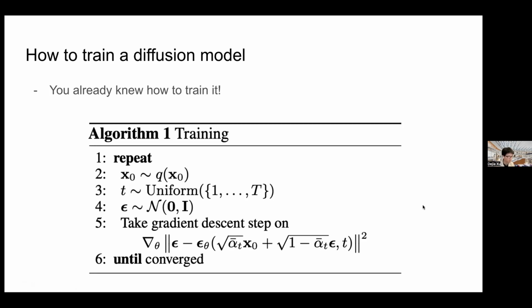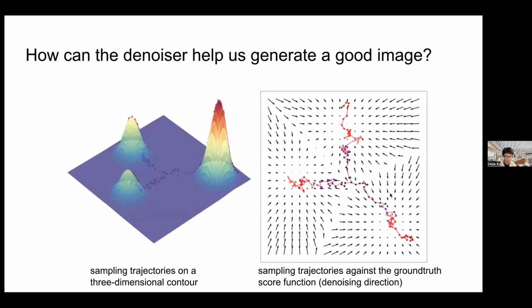But you might also be confused, like once we train this denoising network, how do we actually generate images? Like we know this model can denoise images, like remove the noise from the image, but how is this connected with generating those realistic images? Here's a visual example, like how the denoiser can help us.